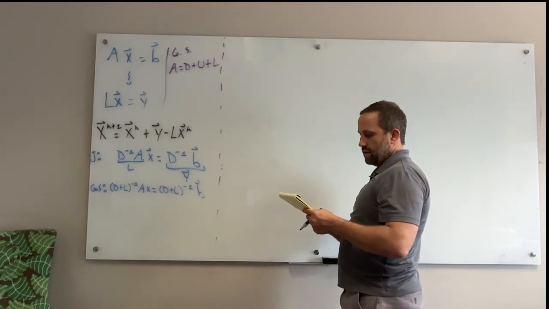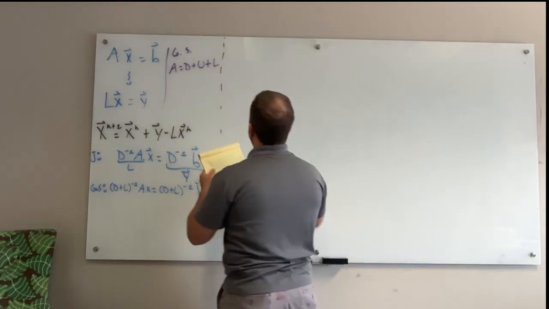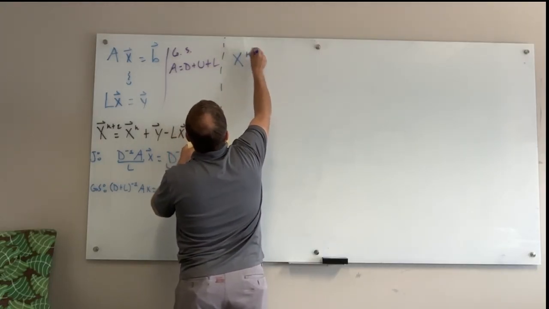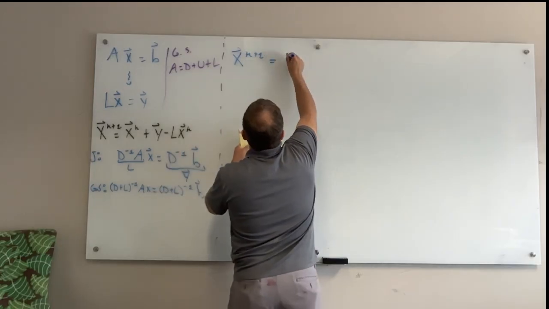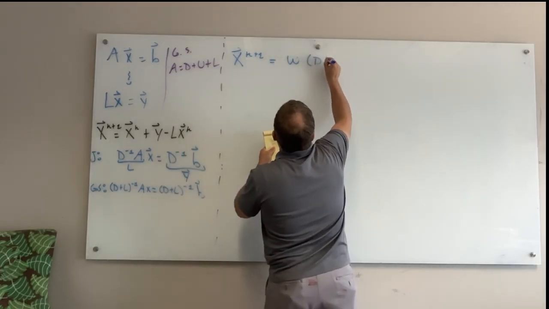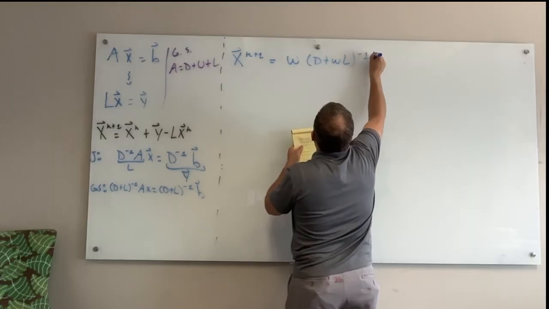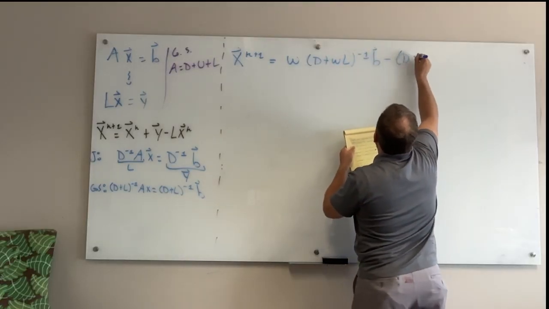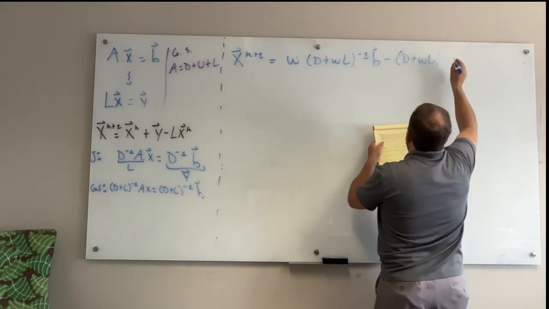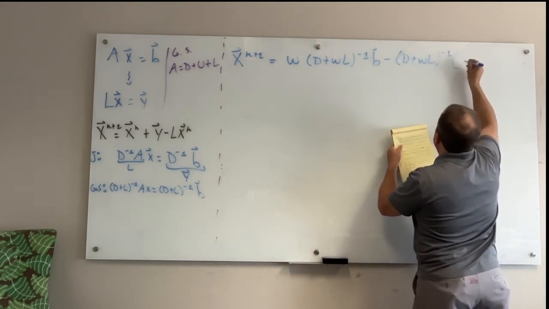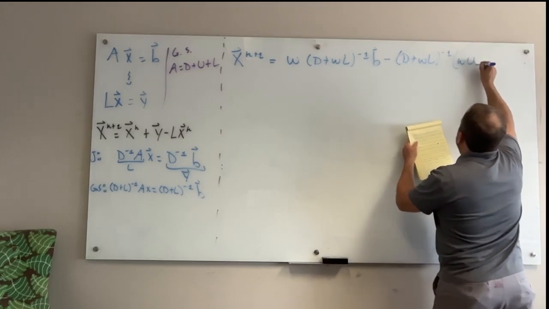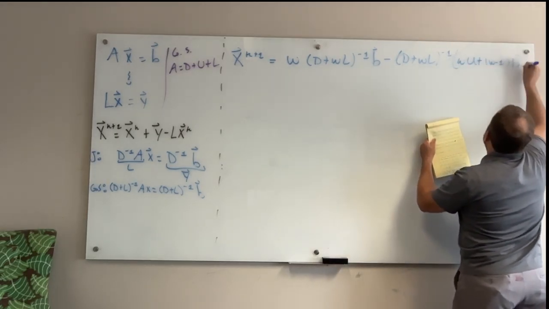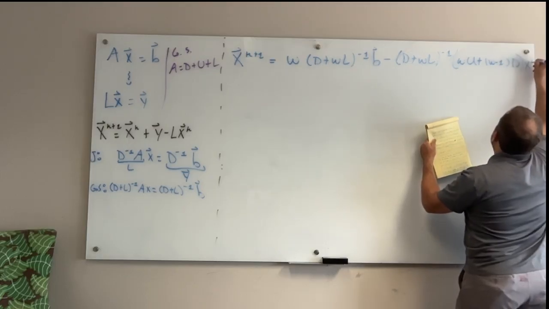Sorry, I just realized I have a weird error in my notes, but anyway, we're going to have x^(k+1) equal to omega times (D plus omega L) inverse b, minus (D plus omega L) inverse times (omega U plus (omega minus 1) D), and then x^k here.